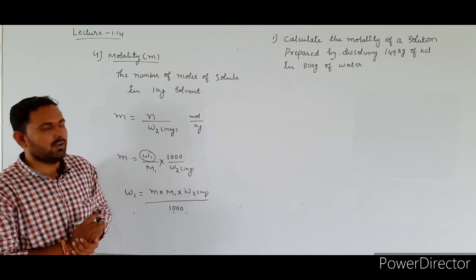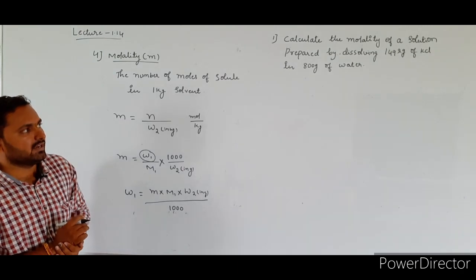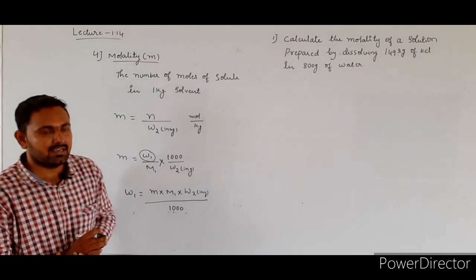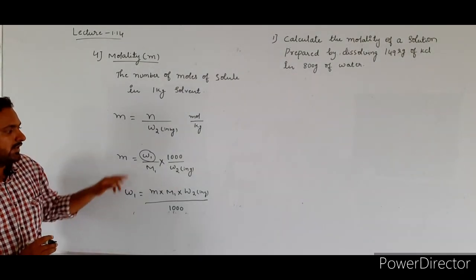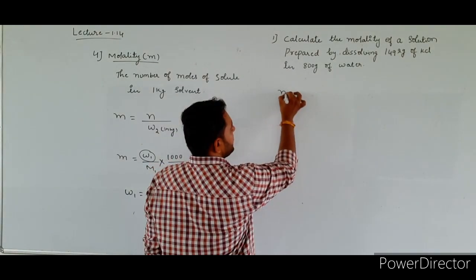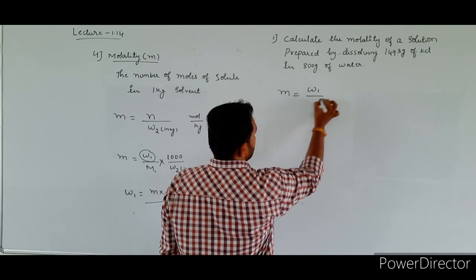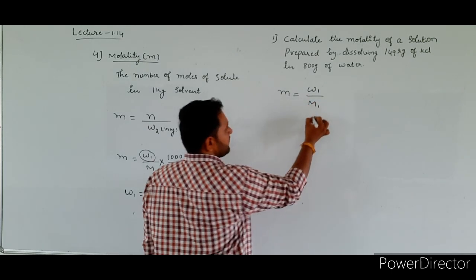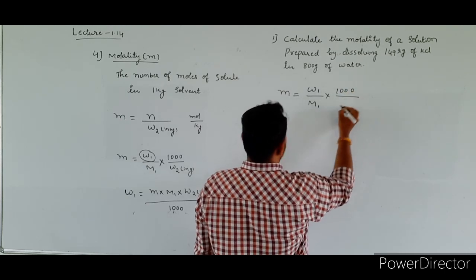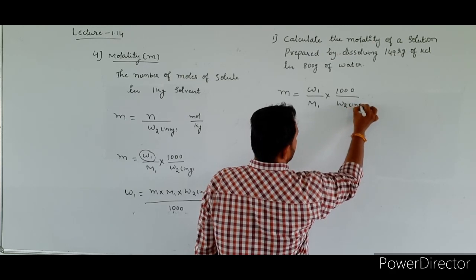But here the solute is given in grams and the mass of solvent is given in grams. In such cases, we have to use this relation to calculate molality. Molality is equal to W1, that means mass of solute, divided by M1, molar mass of solute, into 1000 divided by weight of solvent in grams.